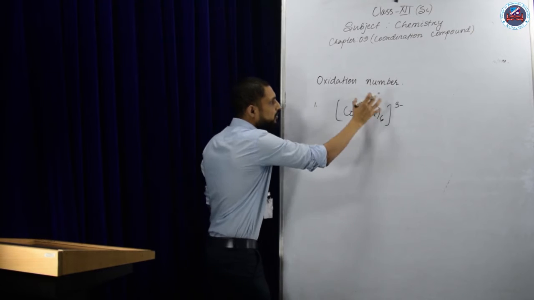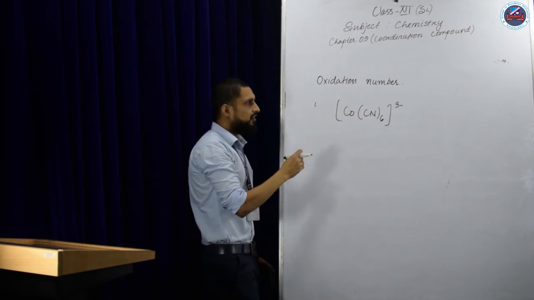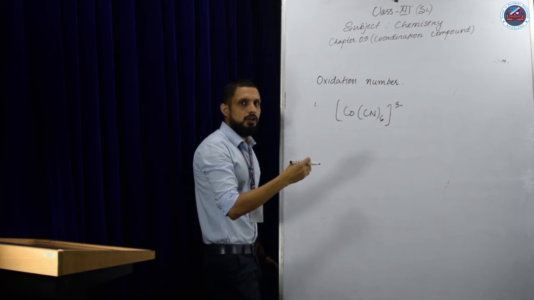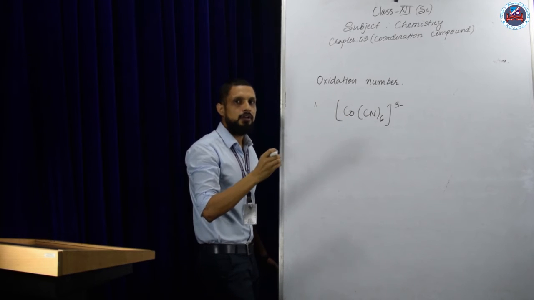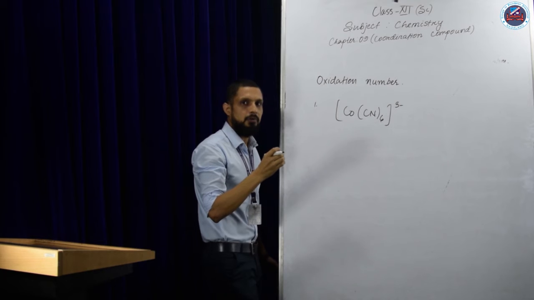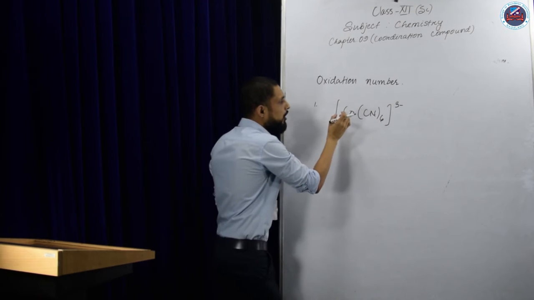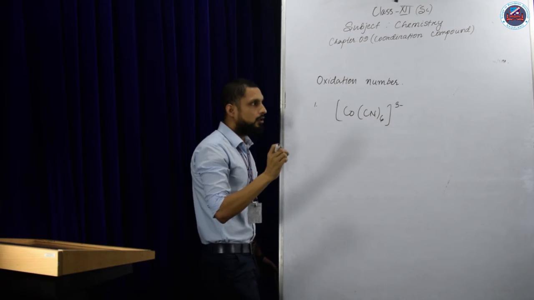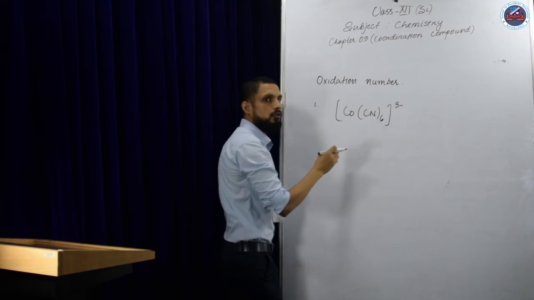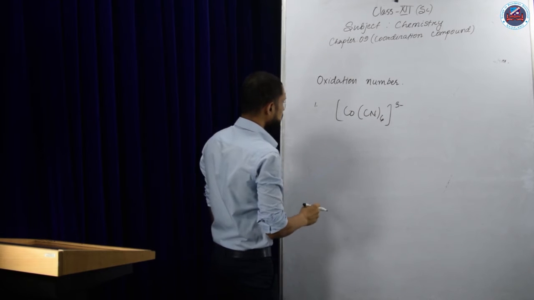Now to form this complex, cobalt must undergo excitation, that is, it must use a specific positive oxidation number. So we are going to calculate the oxidation number used by the metal in the formation of a coordination compound. Let's start with this example.